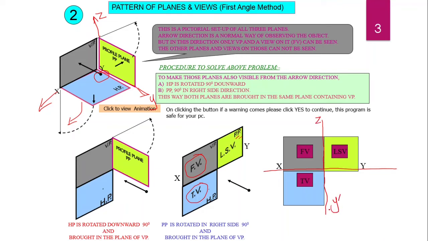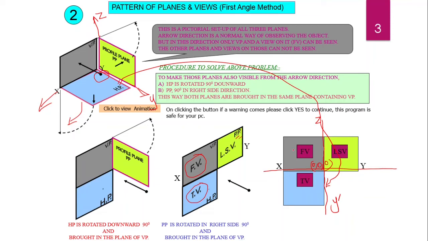This y dash means apparent y axis. This point is origin 0 0 0, and this one is the apparent y axis.